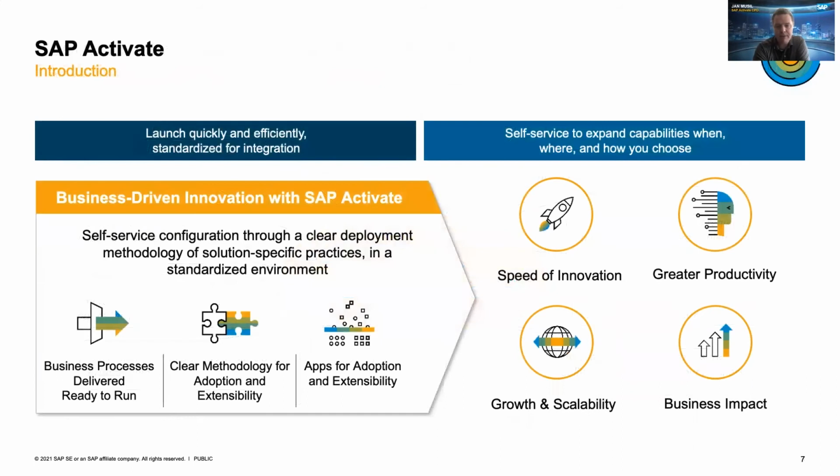We also have the other 2 components, which is a combination of the ready-to-run business processes that SAP delivers either in the form of best practices, enterprise management layer, or best practices for SuccessFactors, ERP, SAC, and other products. We also have a toolkit, a set of tools that are available either built in to the SAP solution, like configuration tools or data migration tools that SAP delivers inside our solutions.